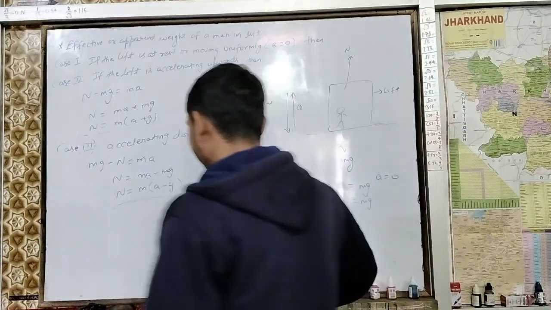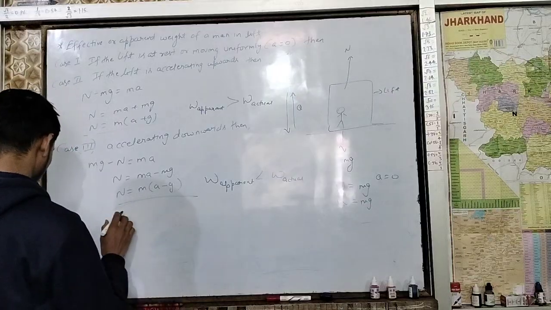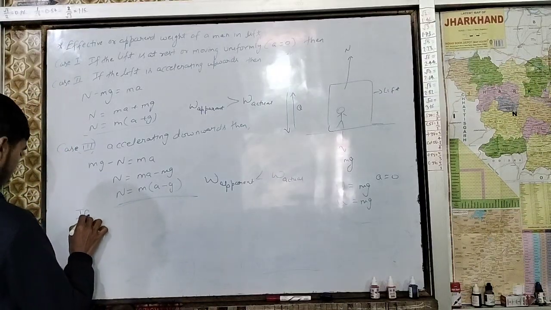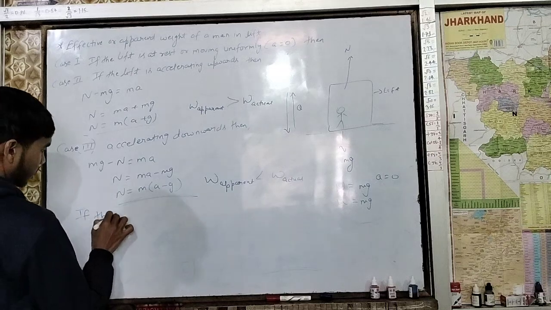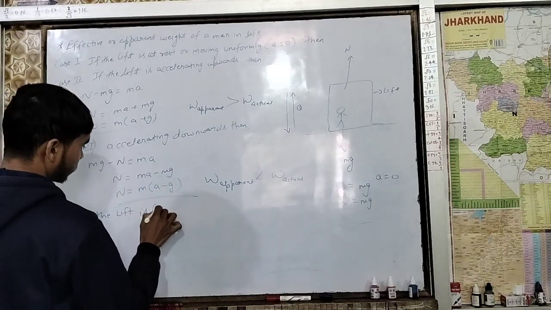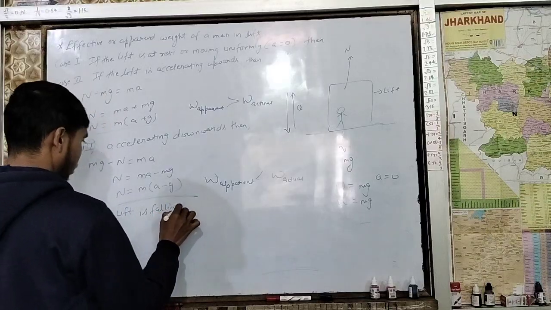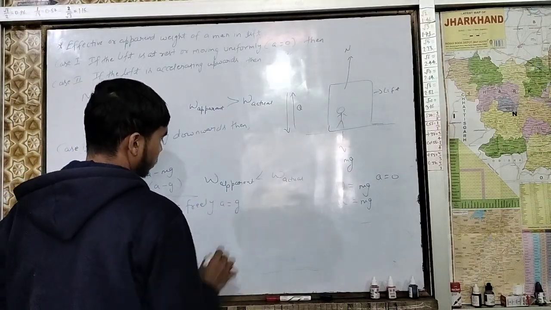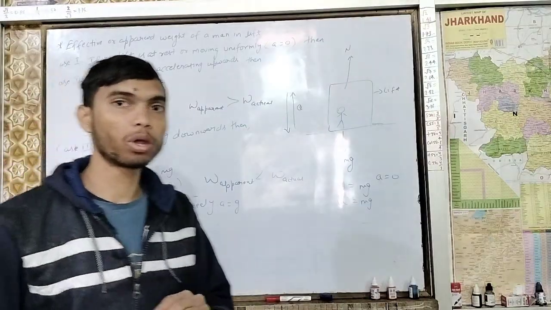Remember, if the lift is falling freely, then a will be equal to g, because there is no air resistance.